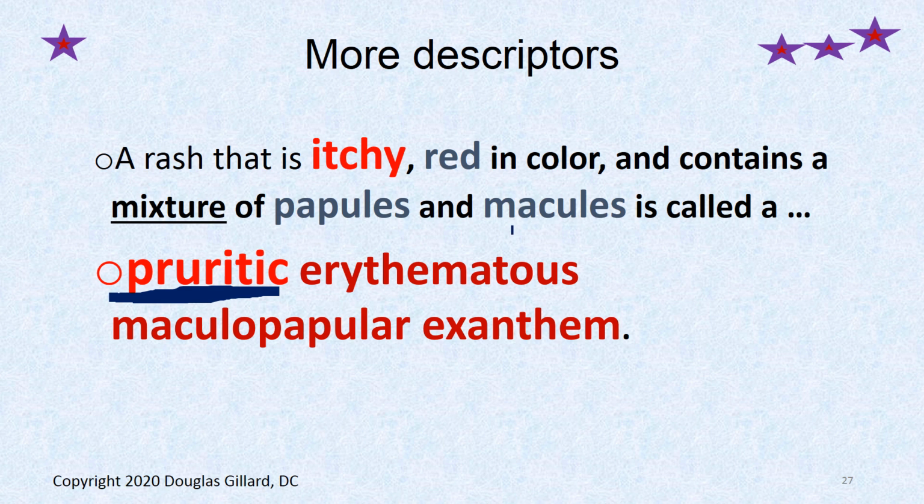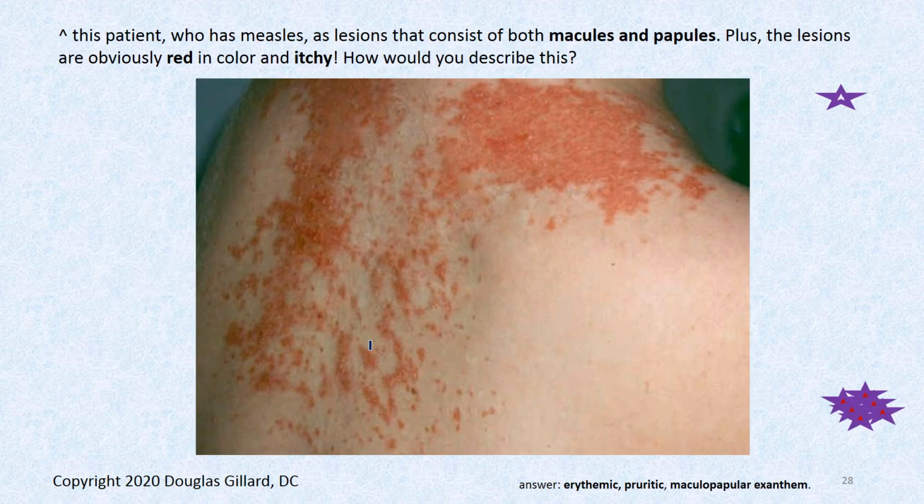And the dermatologist looks at it. Oh, it's itchy, it's red in color, it's made of macules, and it's made of papules. Got it? Not that hard. So if we look at this lesion, there are lots of little macules. Some of them are definitely raised looking though. They're all small.